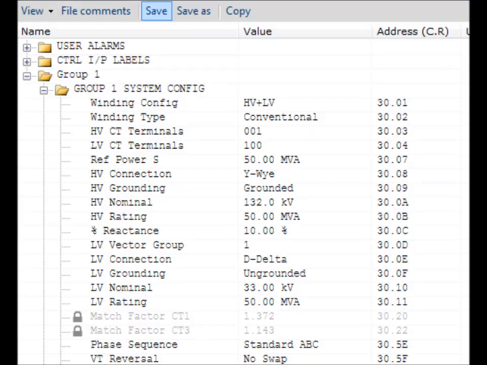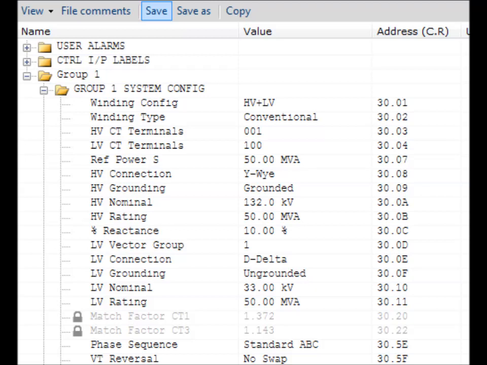Before starting the testing of the differential relay, you must go through the system configuration of the Micom P643 relay. In this figure, you can see the reference power S is 50 MVA, that of the power transformer.